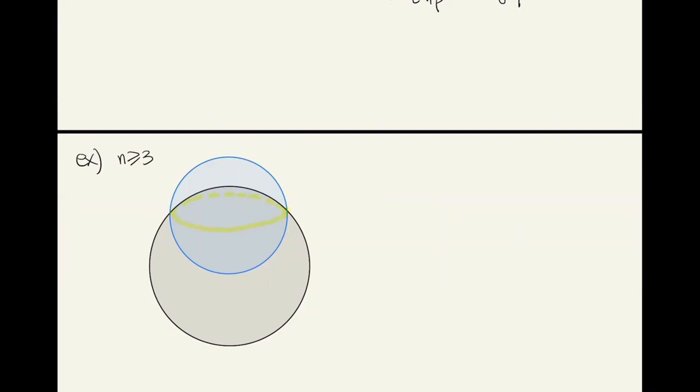So this can be set to be half of S^(n-2). So we consider the delta neighborhood of this set.